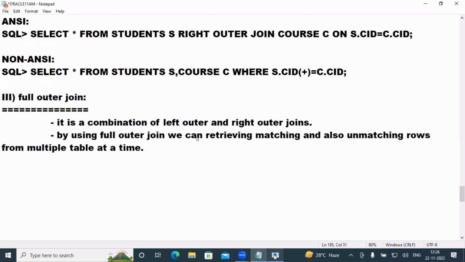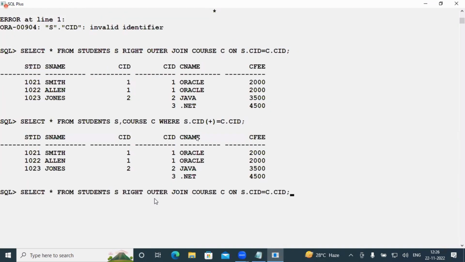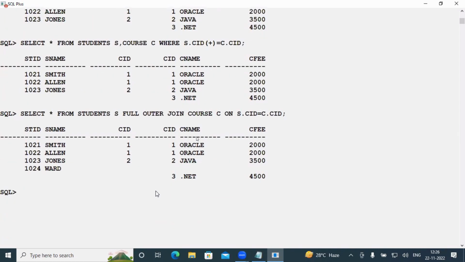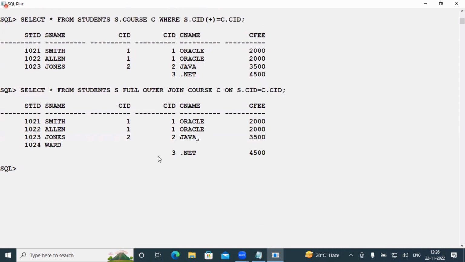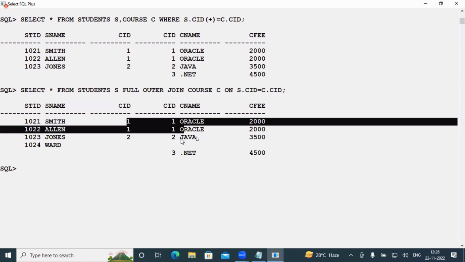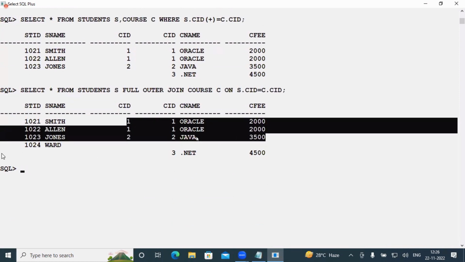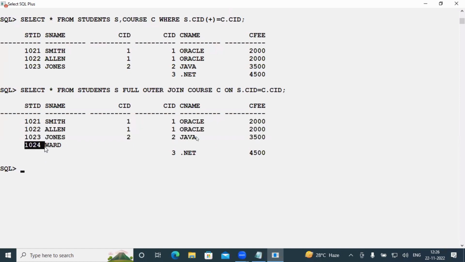Now we can see on this table, I'm applying the full outer join keyword. Now we can see the output. When you see the output here, everything is coming to you. So 1, 1, 1, 1, 2, 2, this is matching data. 1024 Word is unmatching data from the student table, and 3 .NET 45 is unmatching data from the course table.